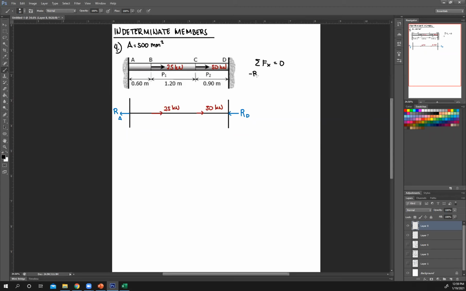So negative RA plus 25 plus 50 kilonewtons minus RD equals 0. Transpose, I get RA plus RD equals 25 plus 50, that's 75 kilonewtons. So 75,000. Okay, now I have an equation. That's your equation number 1.